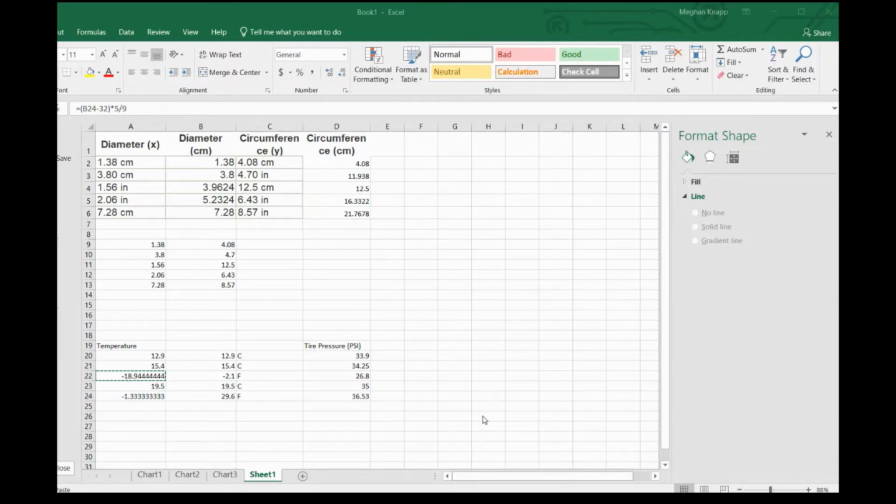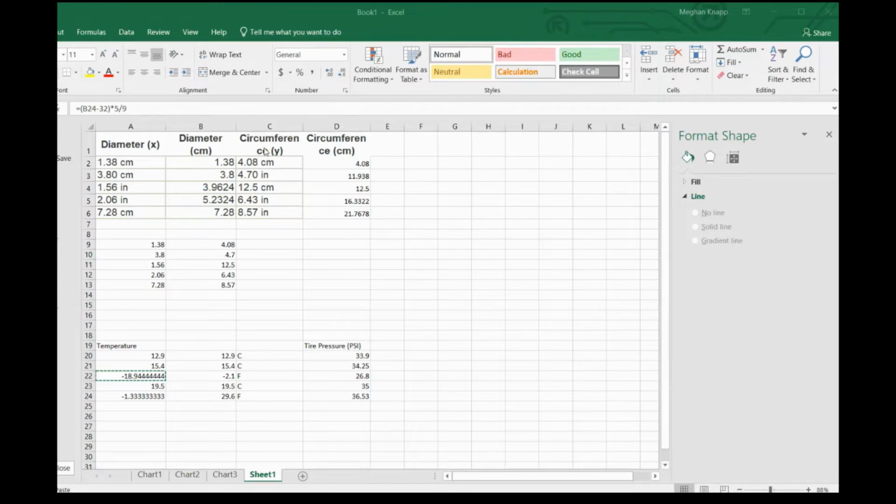So the first thing that you needed to pay attention to on these graphs is making sure your units were consistent. At the top of the screen here, I have what was given to you if you did the Graphing Lab A. We'll notice that we have centimeters and inches in some places, and this was for the diameter.